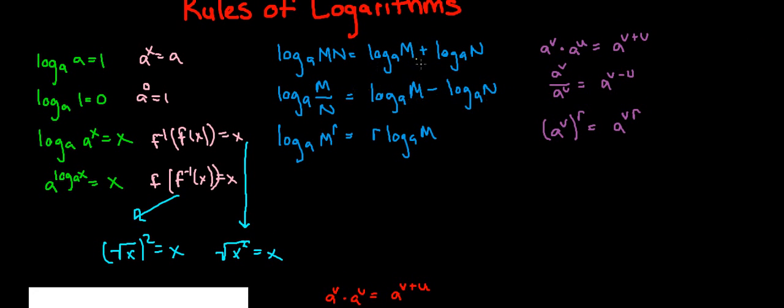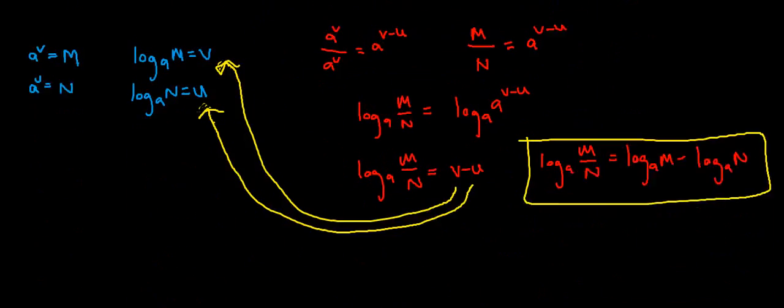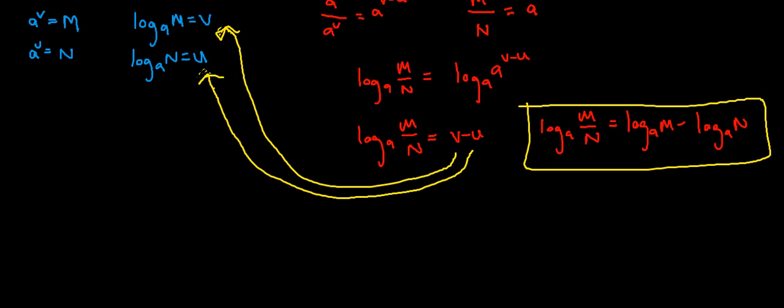Now all I have left is this power rule. And it doesn't really take up that much space, I don't think. It was a to the v raised to the r is equal to a to the v times r.